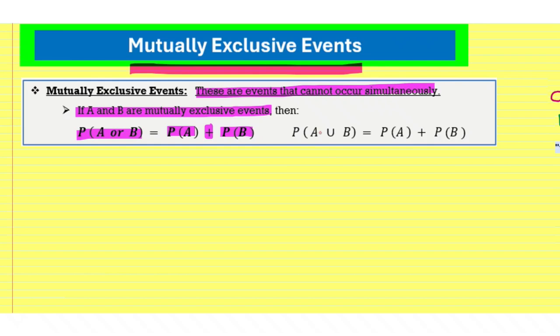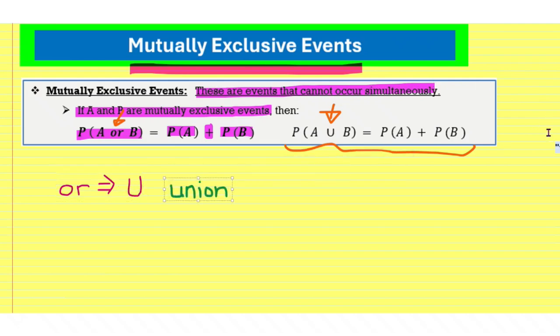The second part over here is using a symbol in place of the word or. So we can definitely think that the or can be replaced with this symbol. This symbol means union.